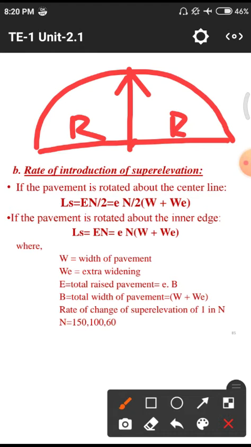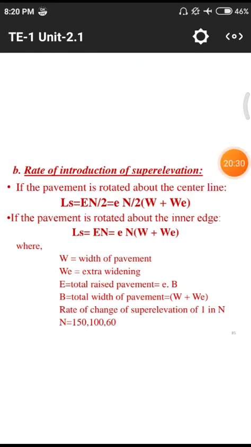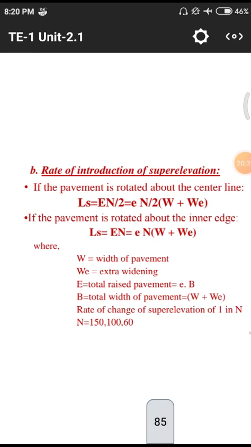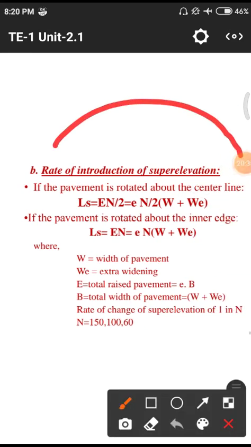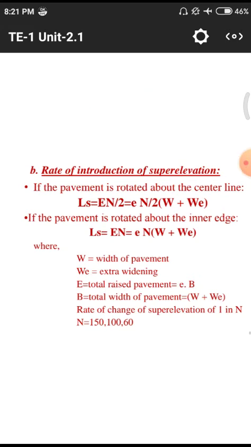If the radius is not equal, that means if the pavement is rotated about the inner edge, we have a different sort of edges and this is a different curve, so we need to raise the angle with respect to the inner edge. We need to use the below formula, En equal to small e into N into W plus Wv. Those two things we need to remember.